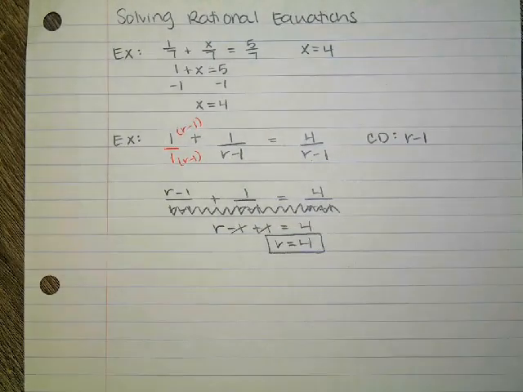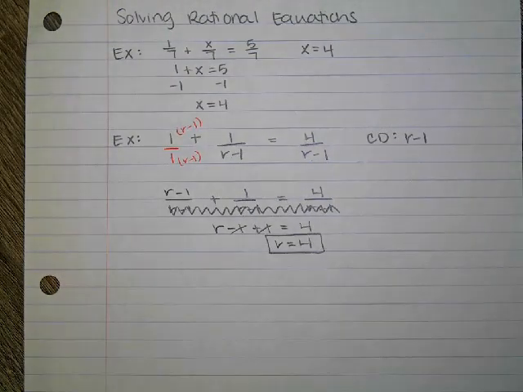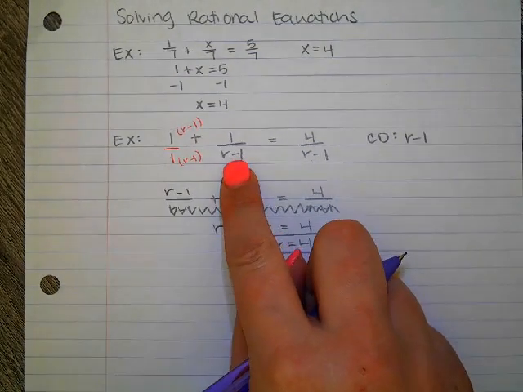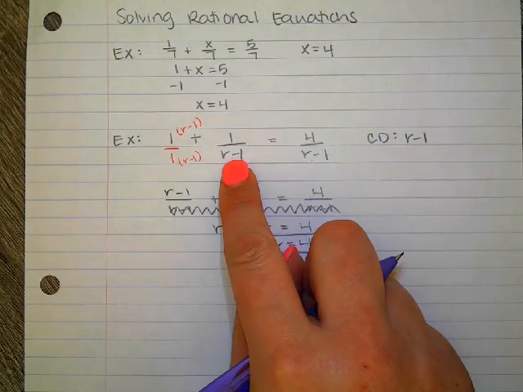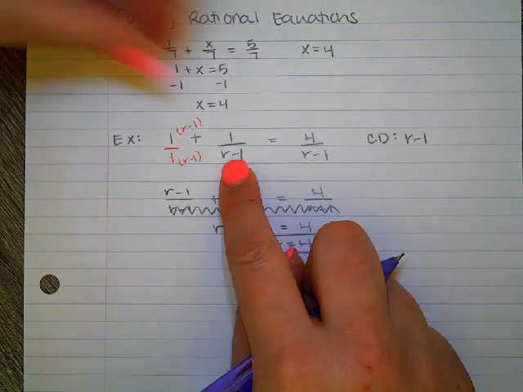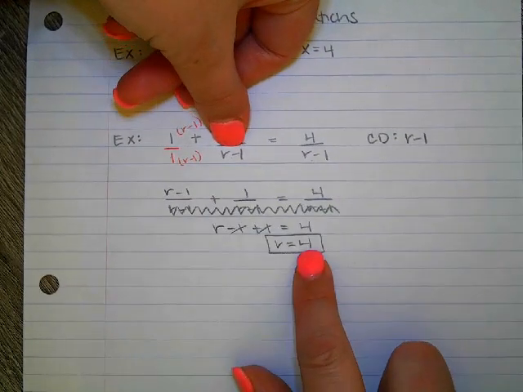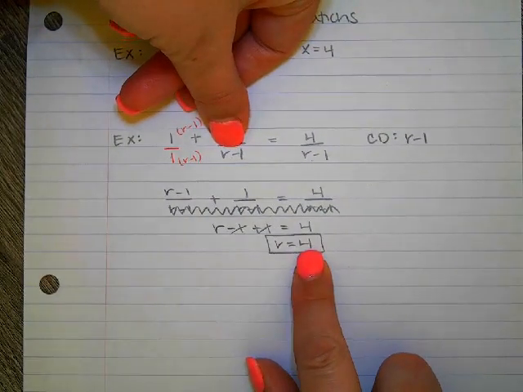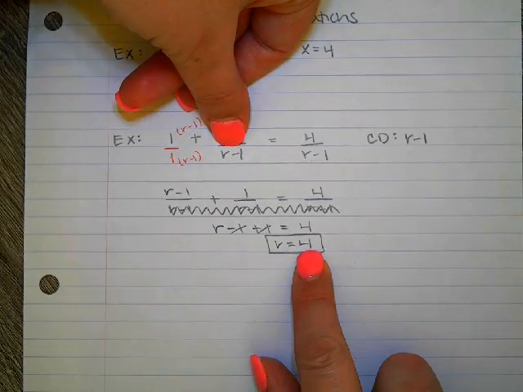Now we have to add one more layer to it because this is a rational expression and we have something that we learned about previously, and that was excluded values. So we always have to go back and check our answer and make sure that it's not a value that should have been excluded based on the denominators in the original problem.